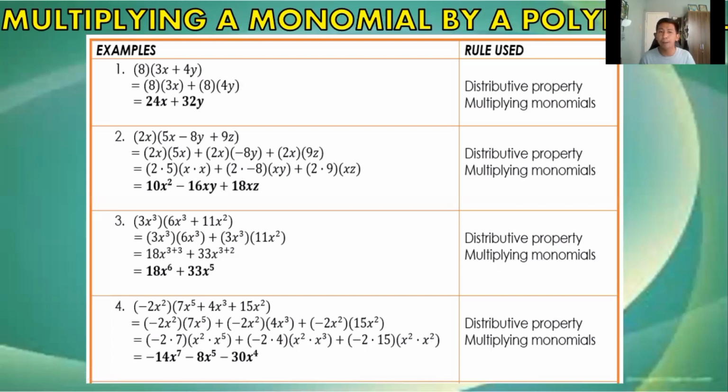When we say distributive property, there is this expression, or monomial expression beside a polynomial. What will you do with the monomial? You have to distribute it in each term that you can see inside the parenthesis, which contains the polynomial expression.